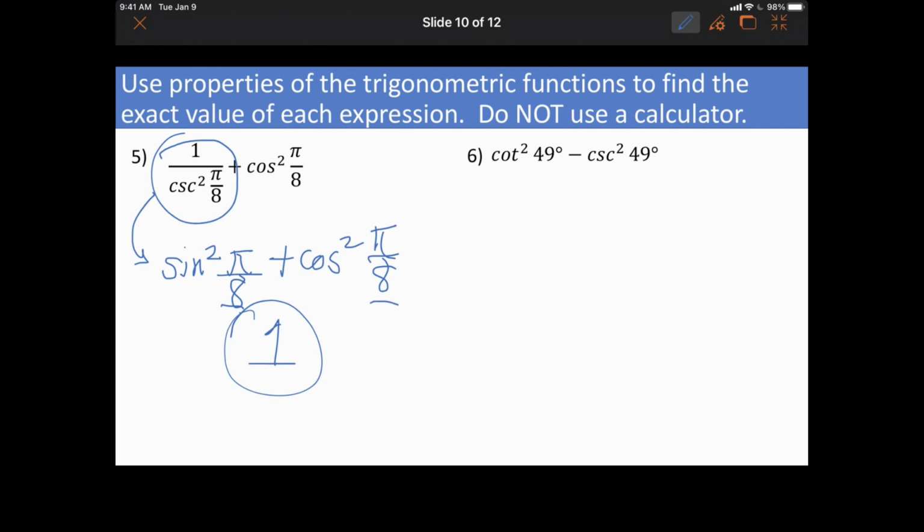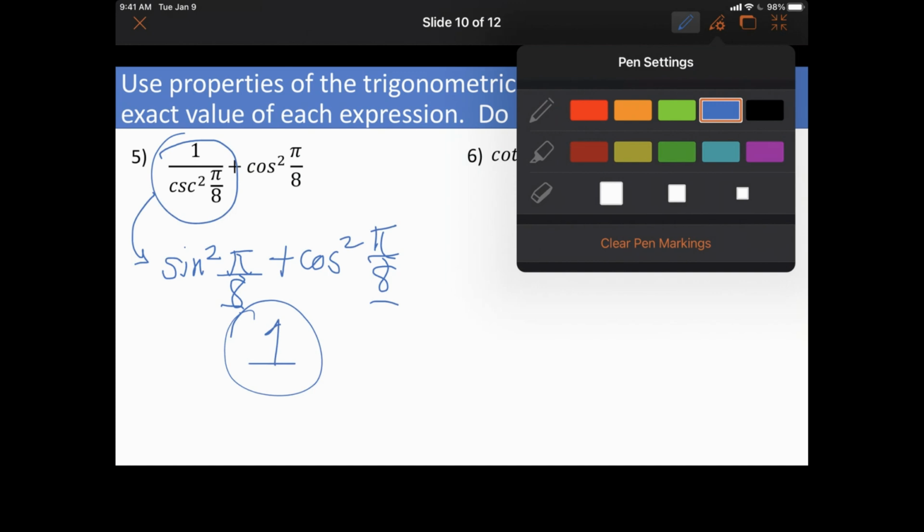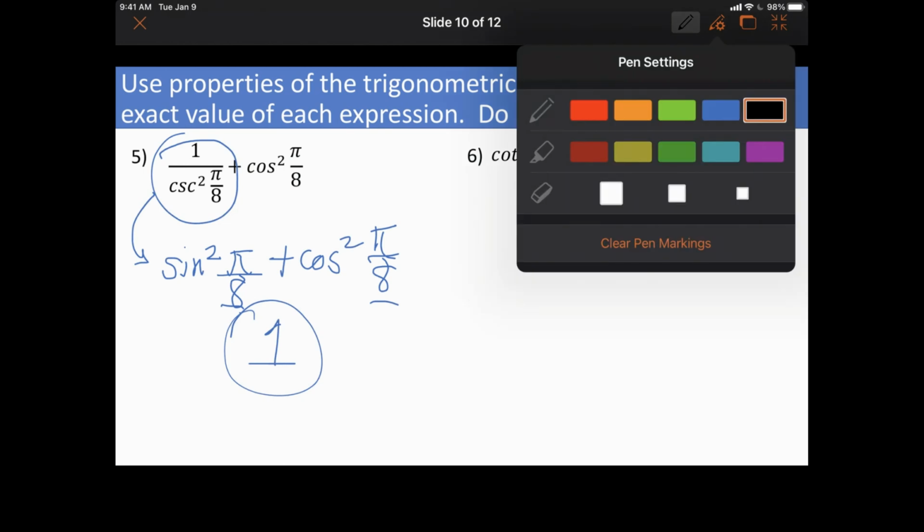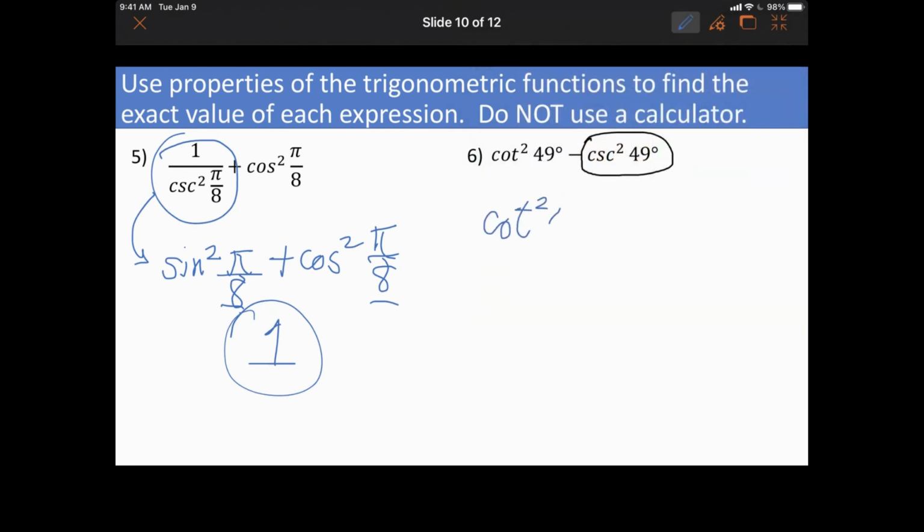All right, this one's a little bit more complicated looking. It's not a quotient, it's not a reciprocal, but I have squared. So it's probably a Pythagorean identity, so I'm going to look at my notes, and I can see that I can rewrite this. So I have cotangent squared 49 minus this using the Pythagorean identity. Yes, you have to put the parentheses.